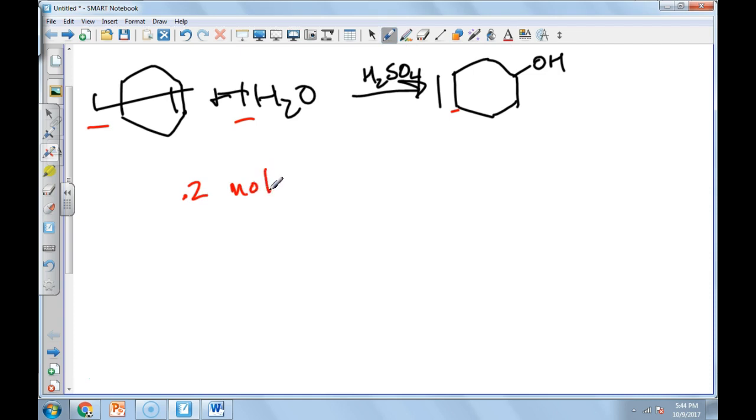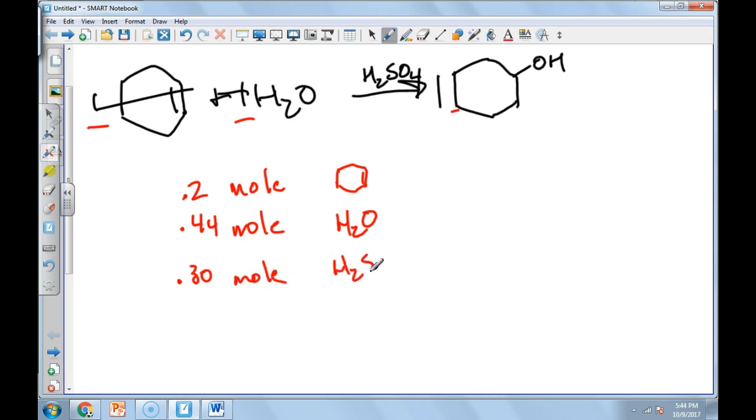So it's 0.2 moles of this guy and 0.44 moles of water. Now, that ratio, what we're going to do is we're going to pick the smallest of those, and there's actually 0.3 moles of H2SO4.